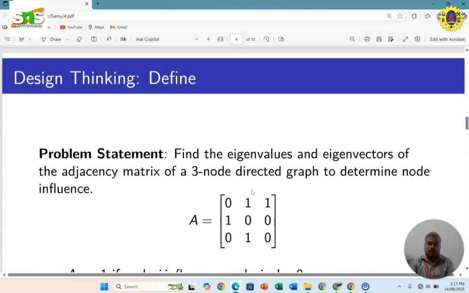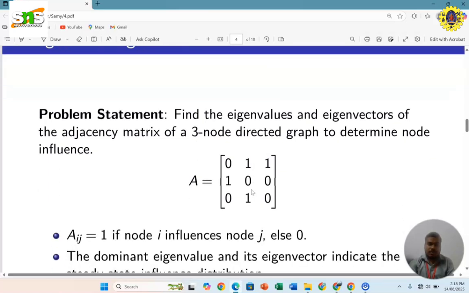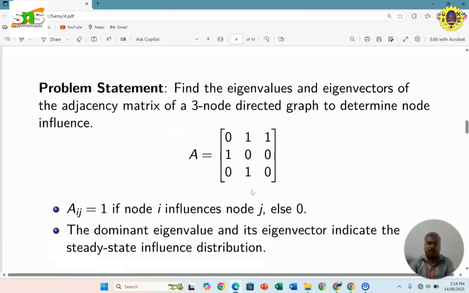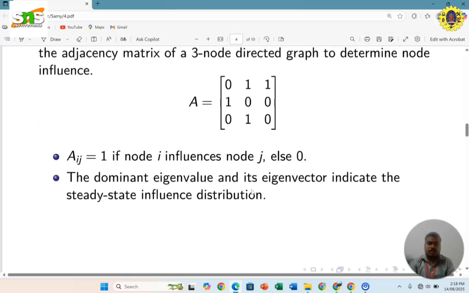Next, the second stage, define. The problem statement is: find the eigenvalues and eigenvectors of the adjacency matrix of a 3 node directed graph, A equal to 0 1 1, 1 0 0, 0 1 0, where Aij equal to 1 if node i influences node j, otherwise 0.